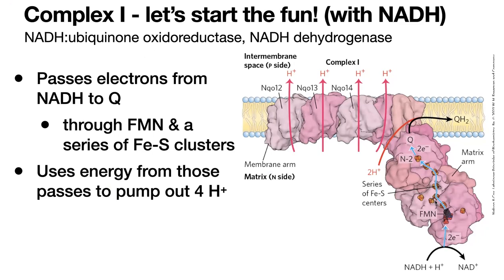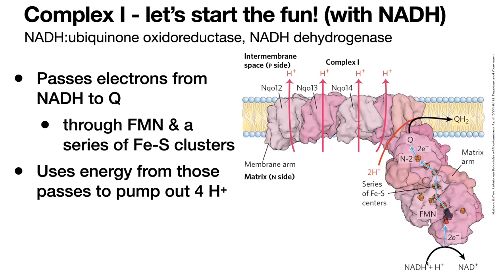The electrons are then going to be transferred from that through a series of our iron sulfur centers, ultimately to our coenzyme Q. Each of these pass-offs is going to be energetically favorable because we'll be going from something with a lower standard reduction potential to something with a higher standard reduction potential. We're going to couple the energy from those favorable transfers to the pumping of protons.